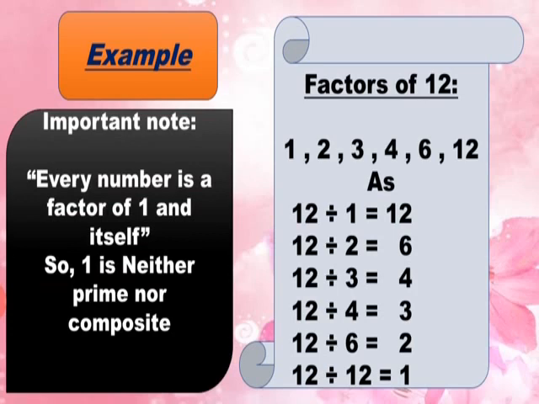So how to find out the factors of any number? Here we have factors of 12. We are going to explain how to find out the factors of 12. To find out the factors of any number, first we have to look at the numbers of which 12 is a multiple.